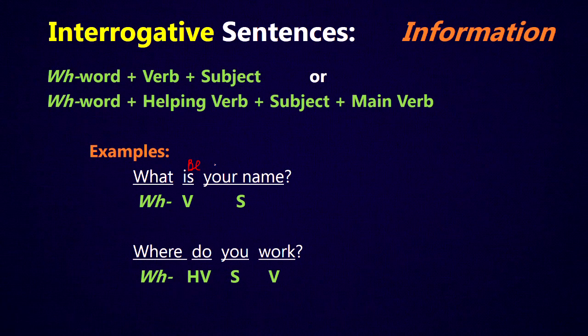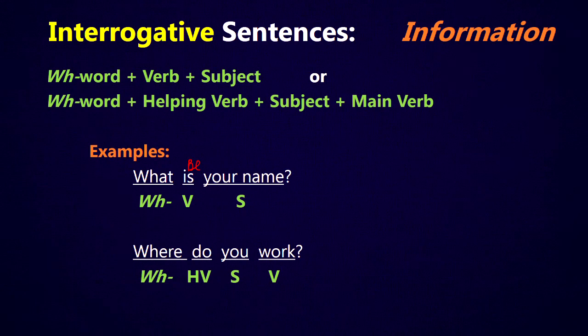So if I ask you what is your name, then your answer is going to be some kind of information. It'll be your actual name. If I say where do you work, then your answer is going to be information about the place where you work. If I say why do you work there, then your answer is going to be information about the reason why you work there.